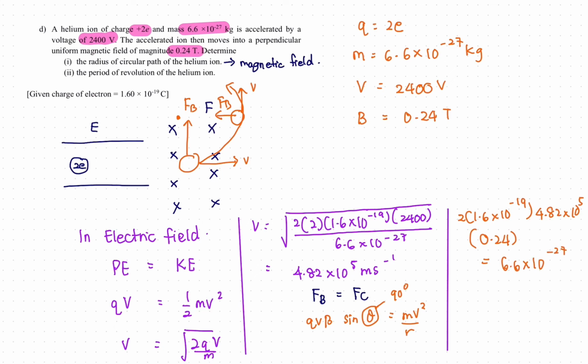Then the mass and the velocity that we got from the first part, squared, over the radius. So we get the radius equal to 4.14 times 10 to the power of negative 2 meters.